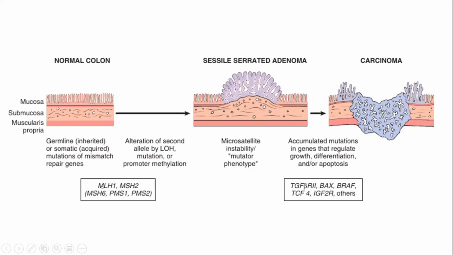When we talk about mismatch repair genes, we have a few genes like MLH1, PMS2, MSH2, MSH6, and when there's a mutation of these, it leads to microsatellite instability, and with accumulation of mutations of other genes, it leads to carcinoma formation or development.